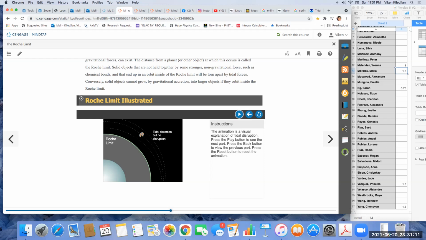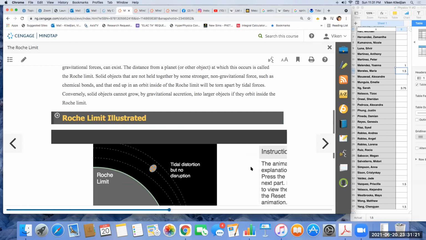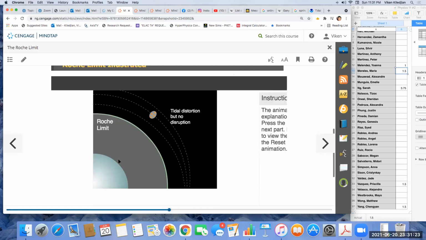You see here, the way that they drew it, they kind of over exaggerated the drawing, but they're drawing it so you can see the tidal force on that moon. You see? And remember how I told you that the Earth will cause a tidal force on the moon? Well, this is, I think they're drawing Uranus or Neptune because it's bluish. So they're showing you the tidal force of Neptune or Uranus on one of its moons.